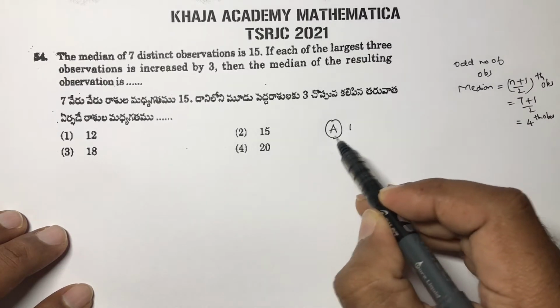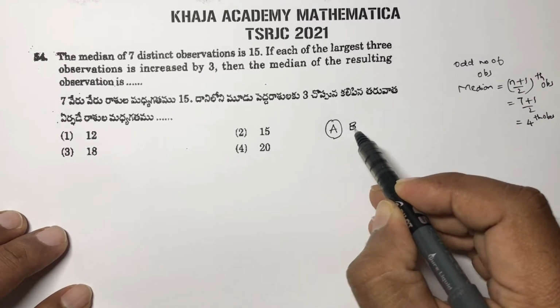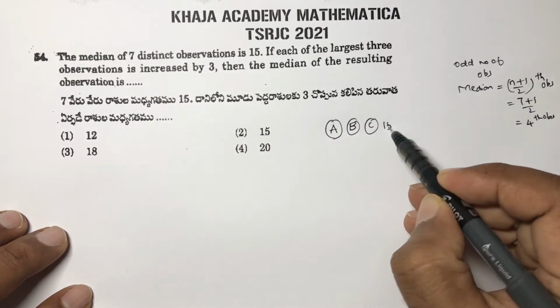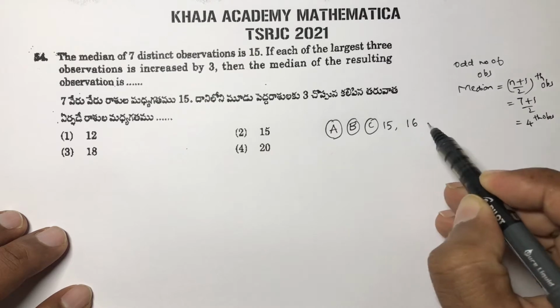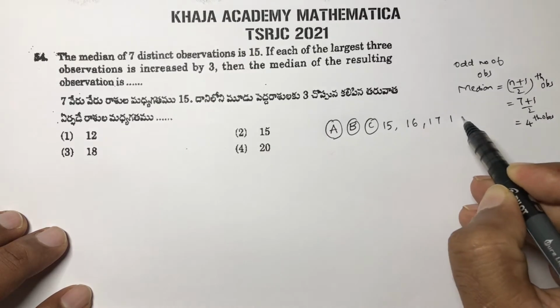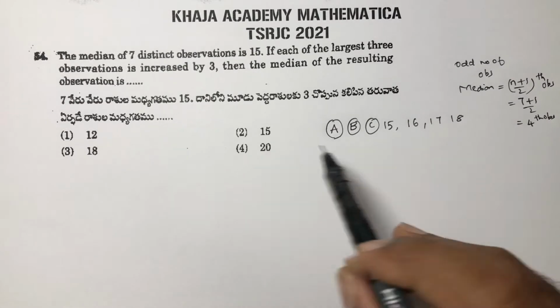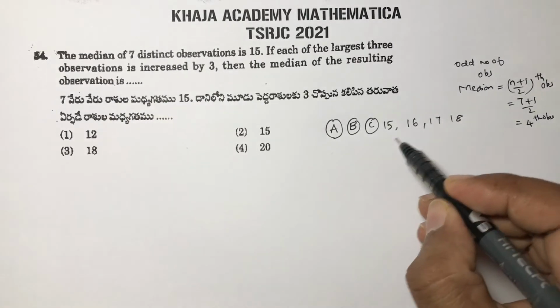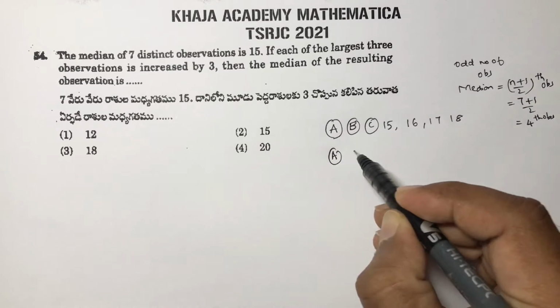Take some numbers here. The fourth observation is the median, so 15, and take the other observations like 16, 17, 18. The last 3 observations are increased by 3. The other observations are left as they are.